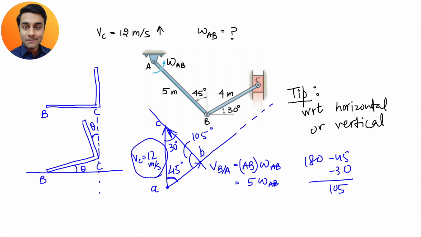One side is also known to us, and now we need to find out the omega of AB. The omega of AB can be calculated if you know the velocity of B with respect to A. If you can determine this value, then you can determine the angular velocity of BA or angular velocity of AB. Both are one and the same thing as far as magnitude is concerned.